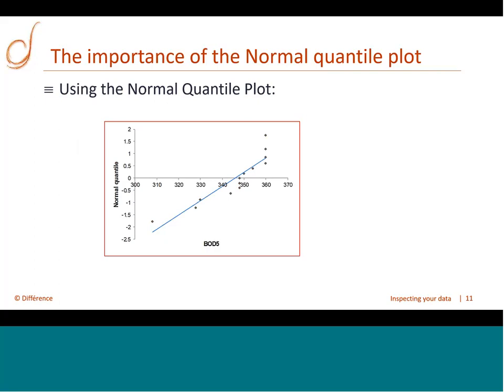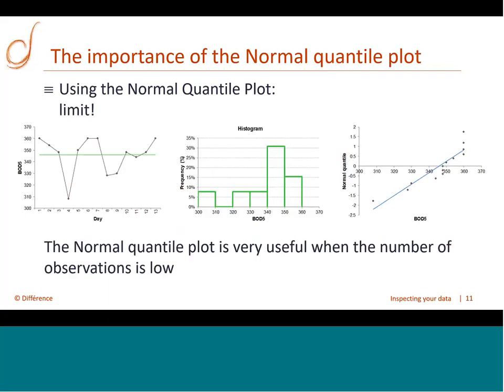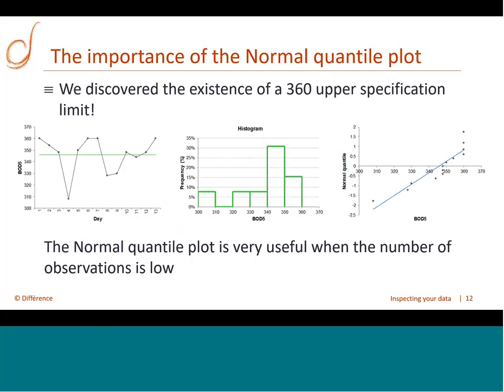There is a row of 4 points there, exactly at 360. So we're wondering why. Going a little bit deeper, we learned that there is an upper spec limit. So the BOD5 should never be above 360, because if you're above that, you could be in trouble.